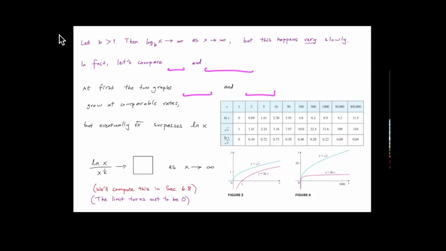Next, I want to talk about how the logarithmic function grows very slowly. This is something that we will talk about later in this class, but I want to give you a quick taste of it. I want to compare the natural log with the square root function.